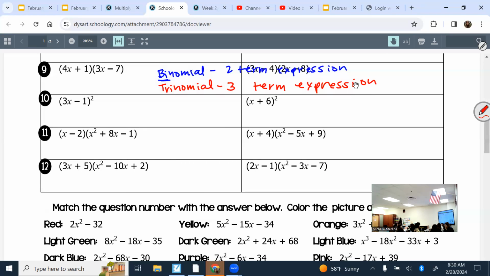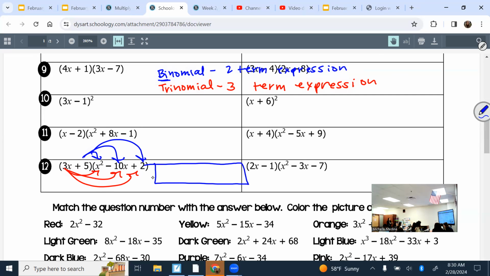Multiplying a binomial times a trinomial, you can do the double distributing, where you take one term and multiply it by all the terms in the other parentheses, and then go back, take the other term, and do the same thing. Except now there's just more to do. You could make a diagram. It'll just look a little bit different in order to account for the trinomial.